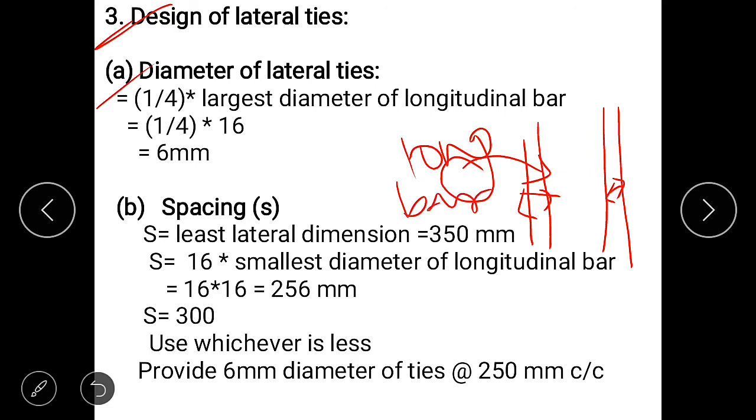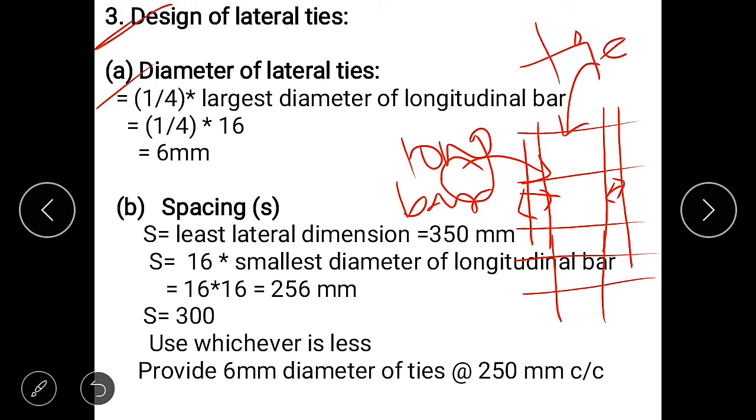To tie these longitudinal bars together, we have to provide ties. These are called ties. The diameter of lateral ties is 1/4 into the largest diameter of longitudinal bar. So assume the largest diameter is 16, so 1/4 into 16 is 6 mm.